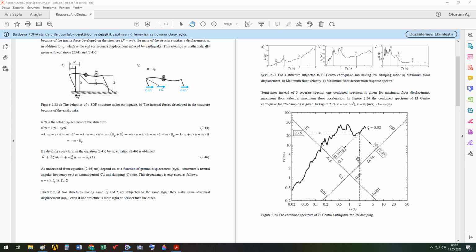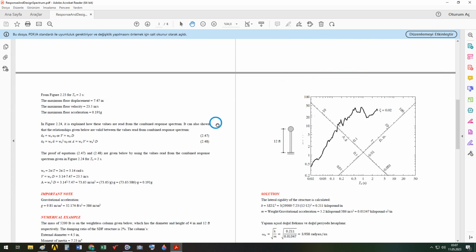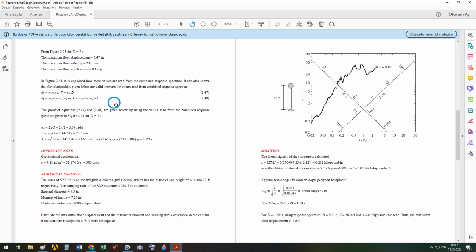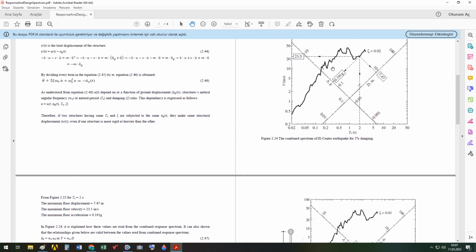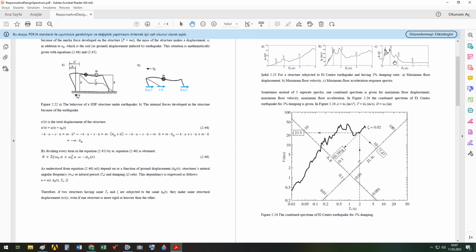It's easy to read this information. Now they are given here. Also, you can read just one of these, floor displacement, velocity, or acceleration, from the curve. It's enough that you have a combined response spectrum or three separate response spectrums.